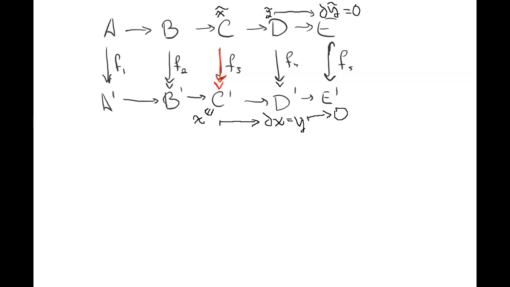And then I don't know, that's it, right? Because if Y tilde is in the kernel of this, then it's in the image of the previous one. So there's this X tilde as a lift of the Y tilde that has to exist.